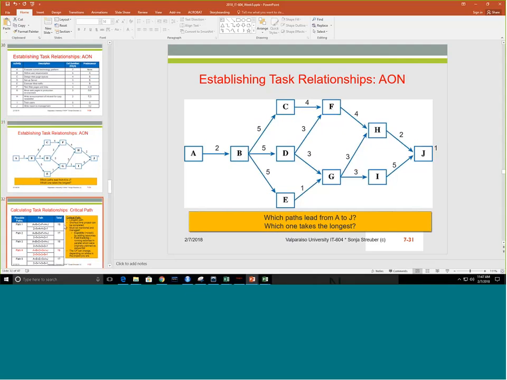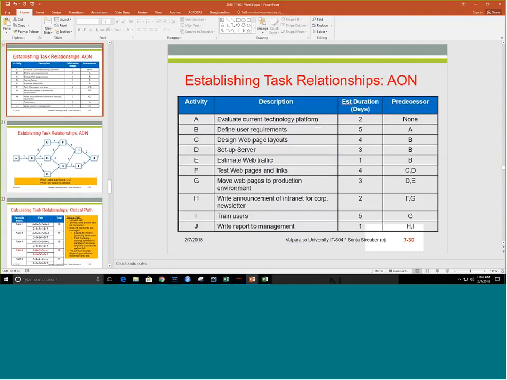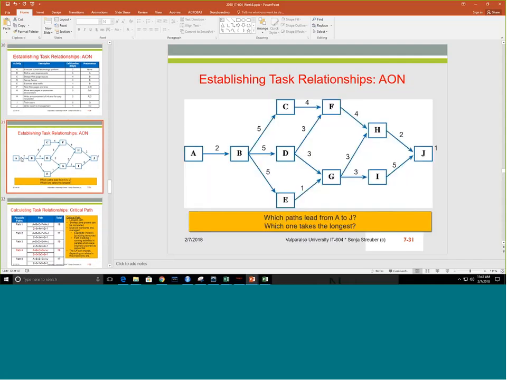So now we have 3 tasks whose predecessor is B: designing web page layout for 4 days, setting up the server for 3 days, and estimating web traffic for 1 day. Now we know that B takes 5 days, so we write a 5 on each of these arrows. We've got C, D, and E here.